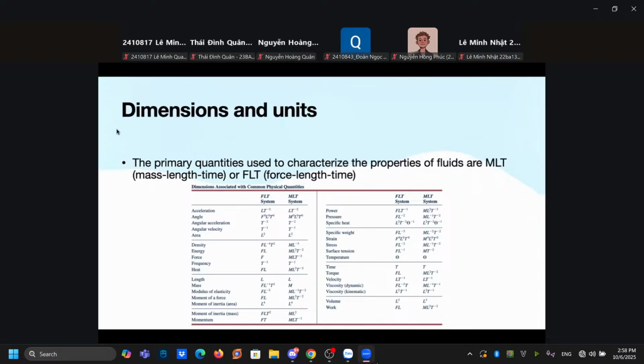So I will write here. Thành mentioned F equals M multiplied by A. So we convert to dimension, because this is mass multiplied by A, the acceleration, that is length, meter per second squared, T to the power minus 2.